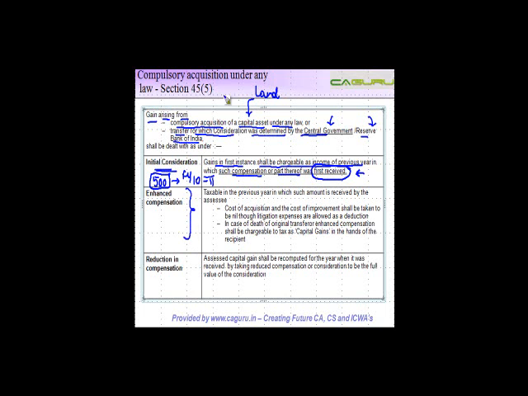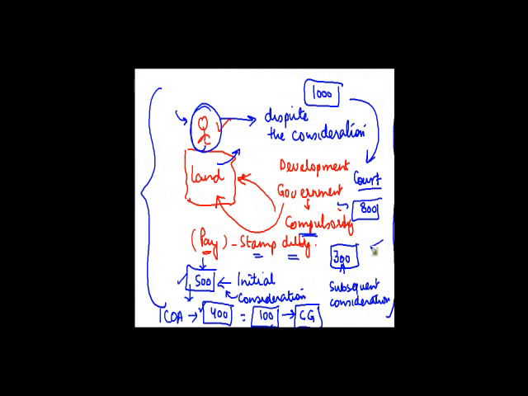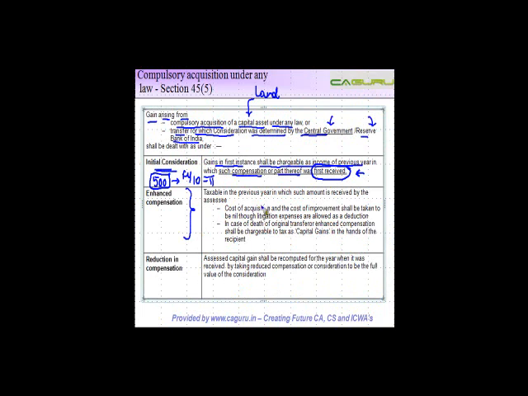Second is enhanced compensation. Just going back to the case in hand, I told you that if you get 300 rupees as additional money after the court decides the matter, this 300 is known as enhanced compensation, right? The enhanced compensation is taxable in the previous year in which such amount is received by the assessee. Okay?